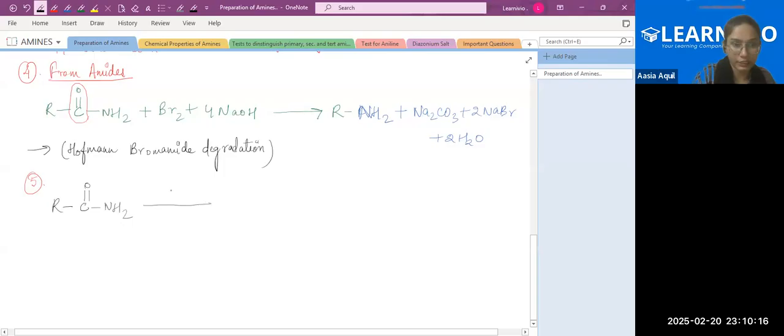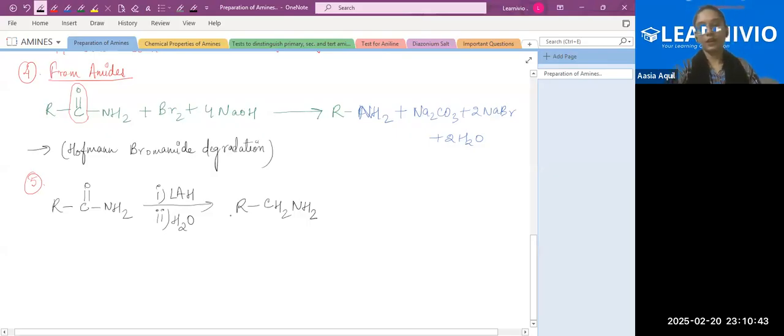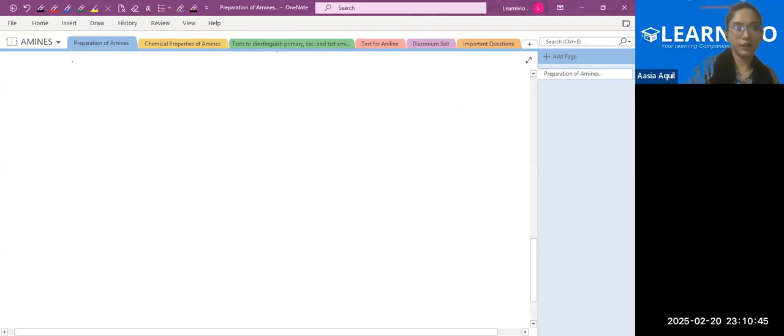When you do reduction in the presence of lithium aluminum hydride, which is LiAlH4, and on hydrolysis, what will you get? So this amide will, on reduction with LiAlH4, yield amines. It will convert it into amine. Got it? Next, again, it's very important, that is Gabriel phthalimide synthesis.